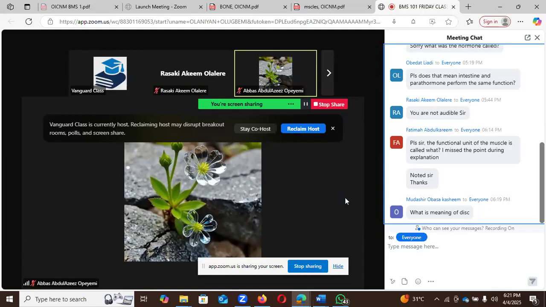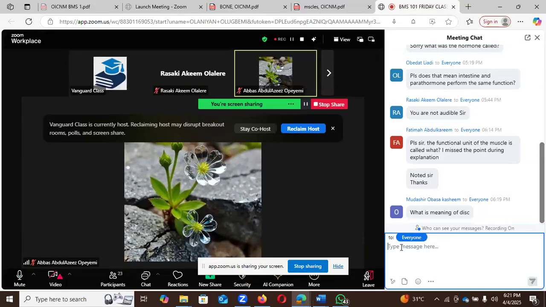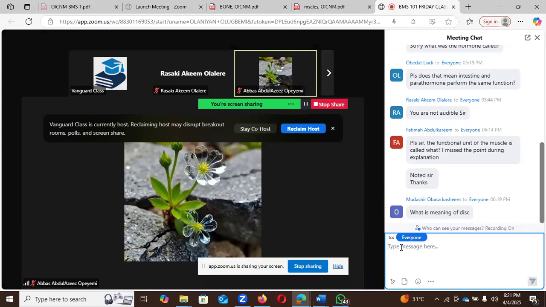It's the only muscle that works continuously, and that is why it is the only muscle that has intercalated disc. So the function of intercalated disc is the junction, and that junction serves as exchange of nutrients and electrical activities, so passage of nutrients and electrical impulses, so that impulses can be fast.